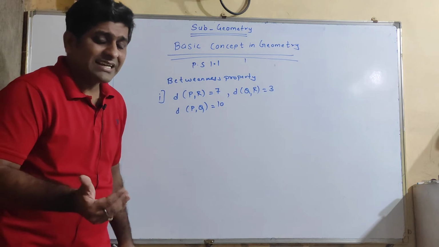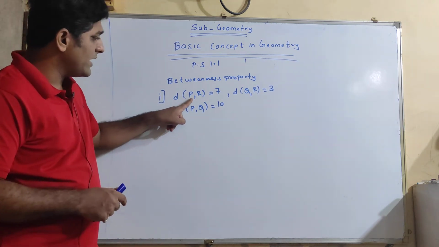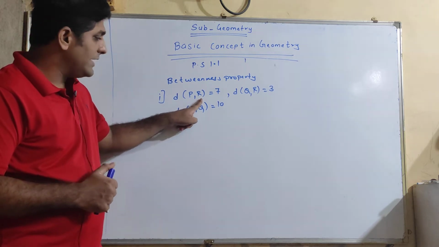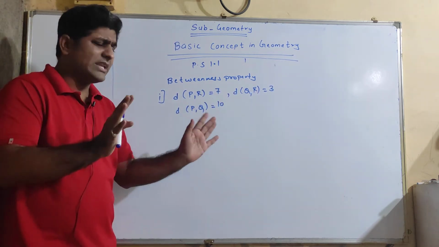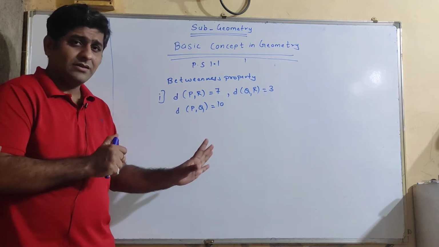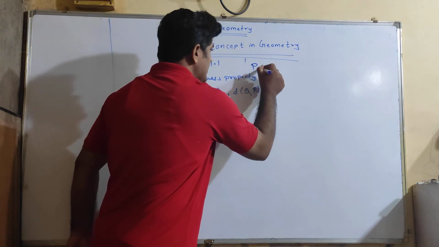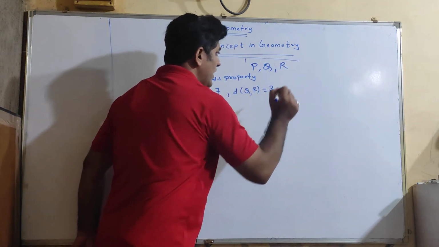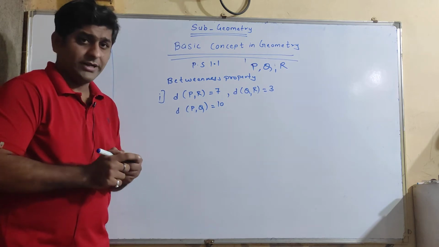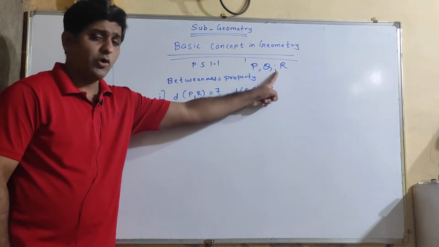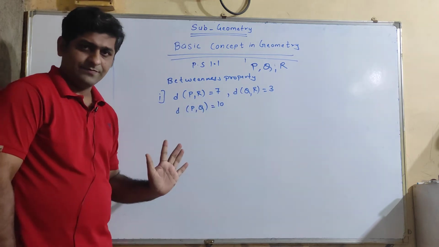Now, what exactly is betweenness? Let's try and understand. First of all, if I look at the distances, one is PR, next is PQ and QR. If I observe these points, for all these distances, there are 3 points involved, and the points involved are P, Q and R. These are the 3 points that we have, and based on that, these are the distances.